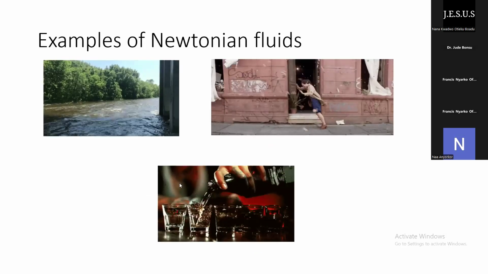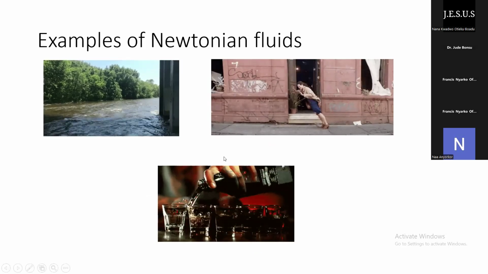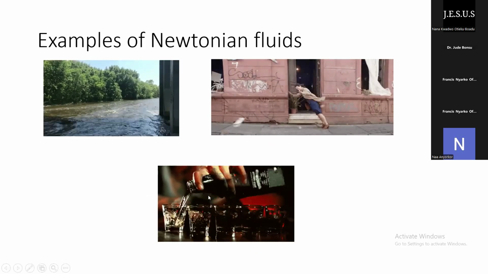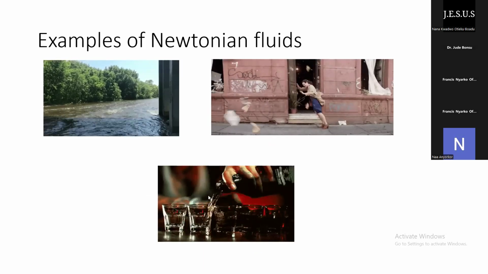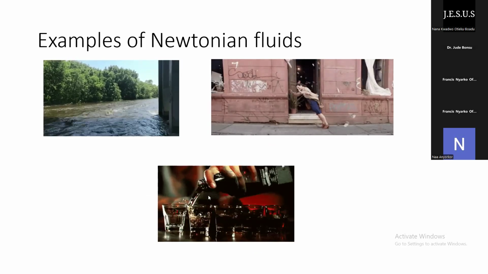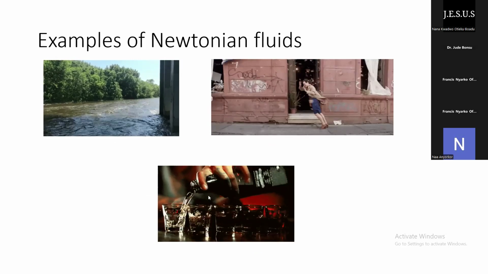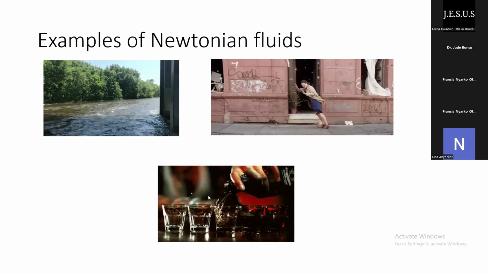So these are examples of Newtonian fluids: water, air, and I don't know if this is alcohol or something, but realize that Newtonian fluids are mostly not a mixture, right? And their shear stress increases directly proportional to their shear rate.